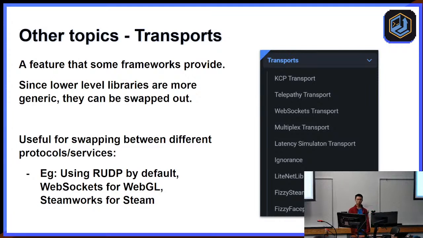So if you're using RUDP by default, you can then use WebSockets for WebGL or browser-based games. The issue with browsers is that they sandbox everything, with very strict requirements, so they only let you use HTTP or WebSockets. So you're kind of forced to use WebSockets, and if you're using a lower-level library and restricted to only using RUDP, your game can't support browser games.